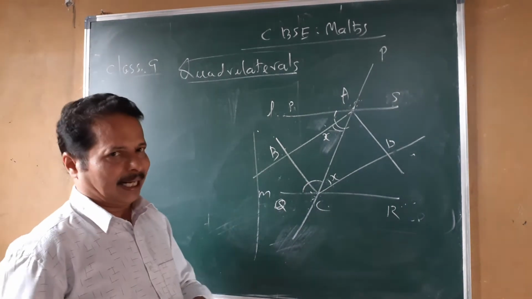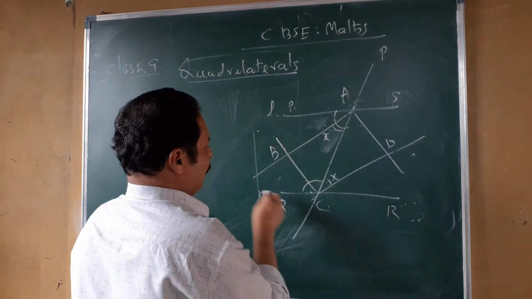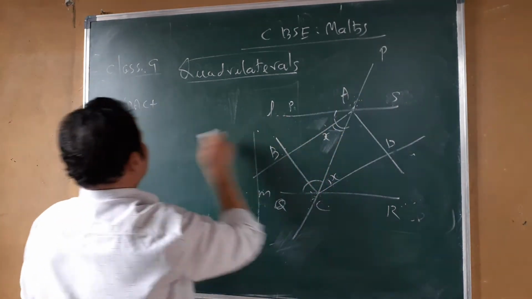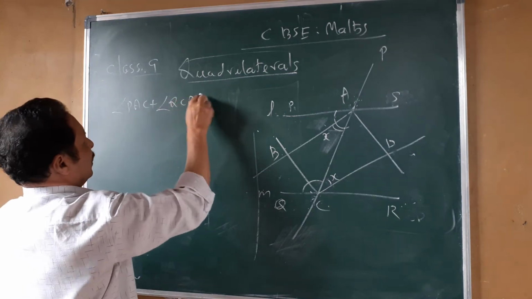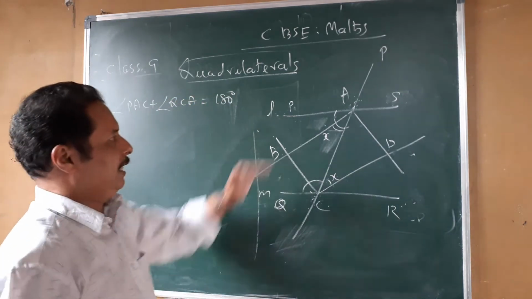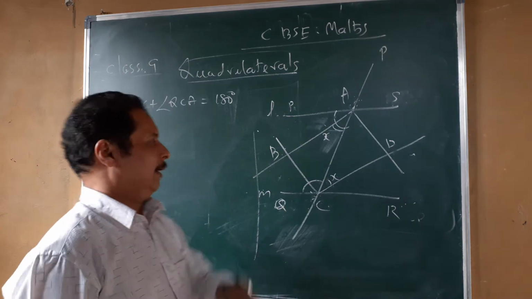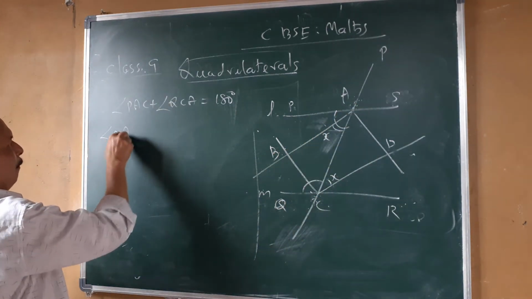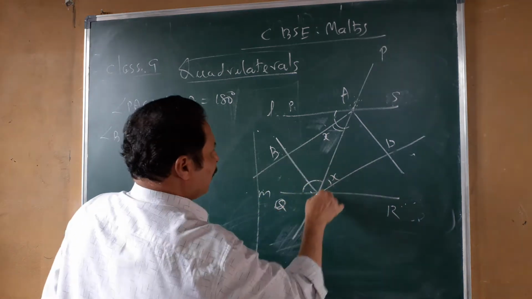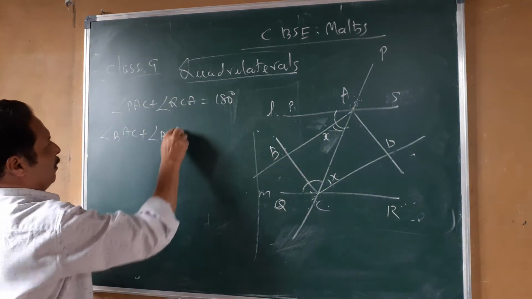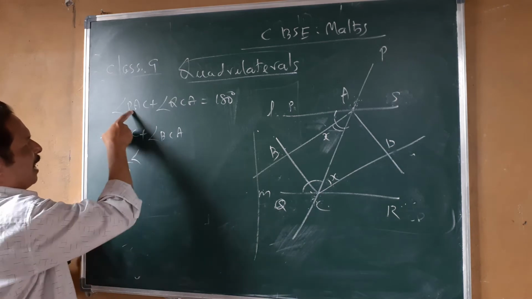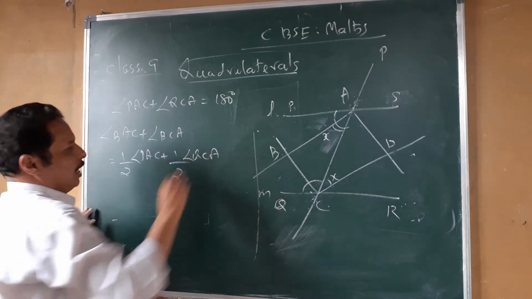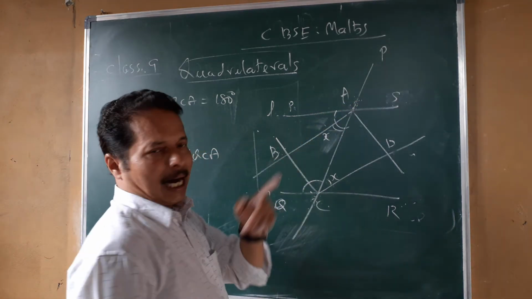We want to prove it's a rectangle. Look here. Angle PAC plus angle QCA is 180 degrees. They are co-interior angles, and co-interior angles are supplementary. Angle BAC plus angle BCA is half of angle PAC plus half of angle QCA, given that these two are angle bisectors.